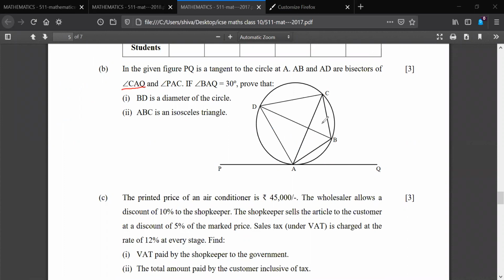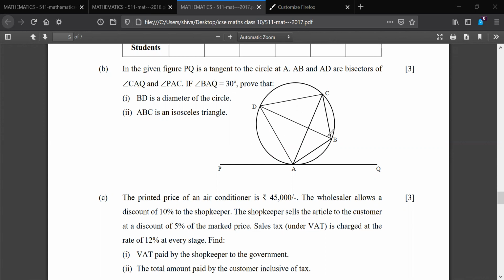Therefore, this angle would be equal to this angle. And AD is a bisector of PAC. Therefore, this angle would be equal to this angle. Mr. Rudra, any doubt about this? No, sir. Okay.